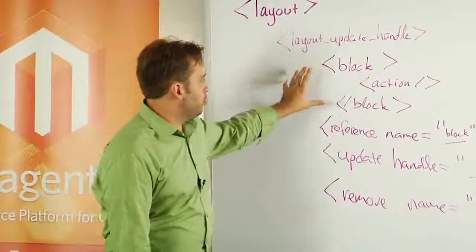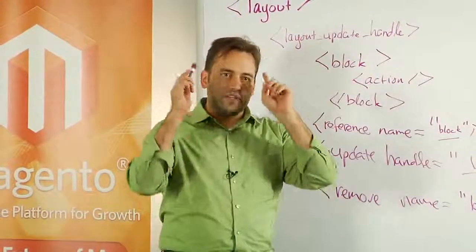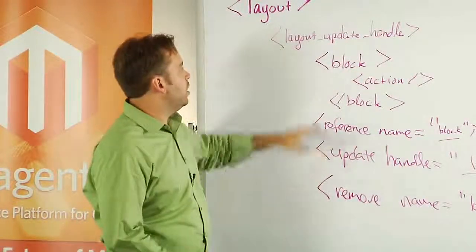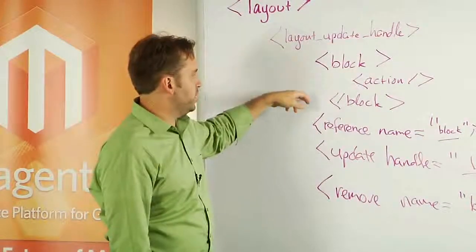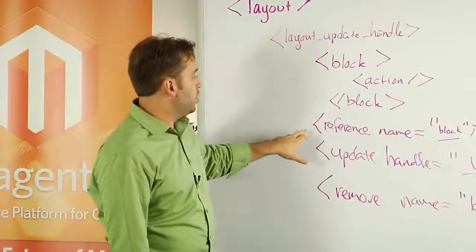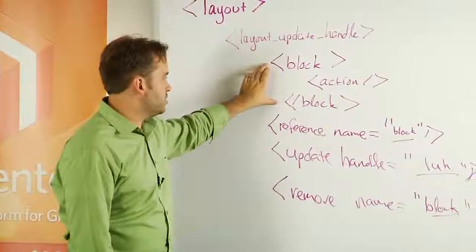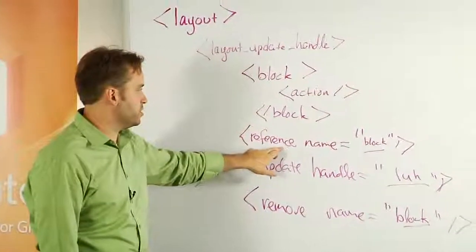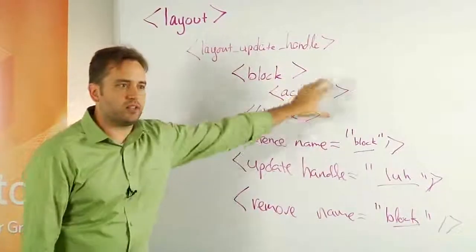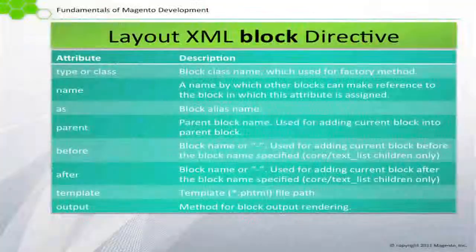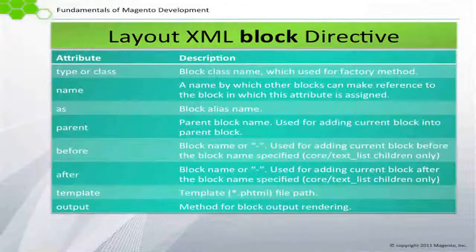So, blocks can have any sort of order of nesting, but this is the hierarchy you can always rely on. Layout, layout update handle. Under layout update handle, we can have block, we can have reference, we can have update, we can have remove. Blocks, though, we could put inside a reference. And blocks we can put in blocks and blocks and blocks and blocks. Blocks take type or class. So we saw that.